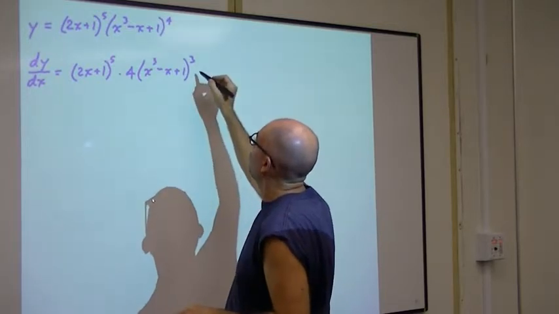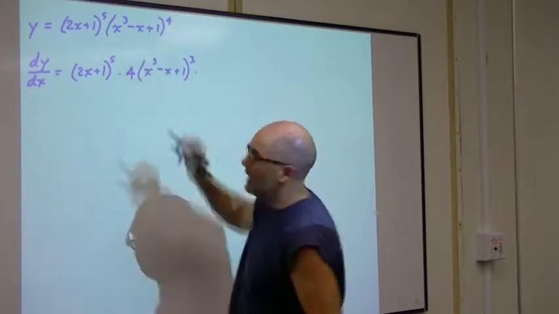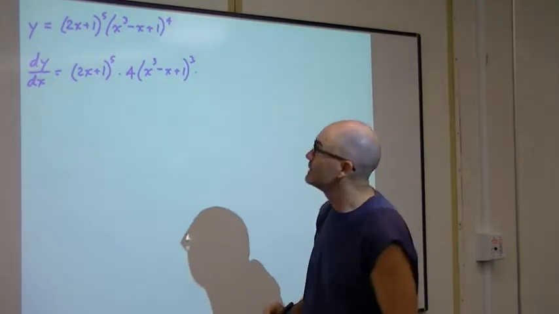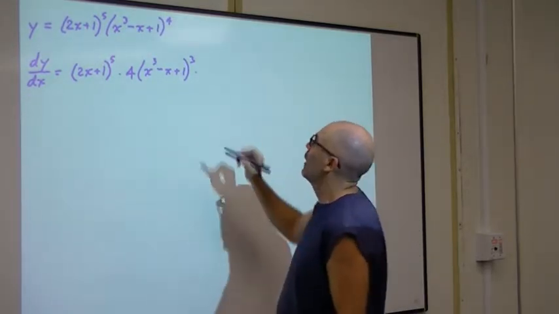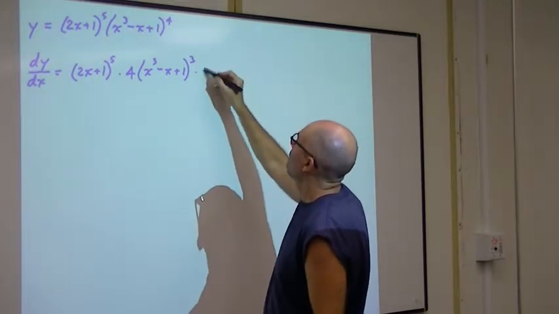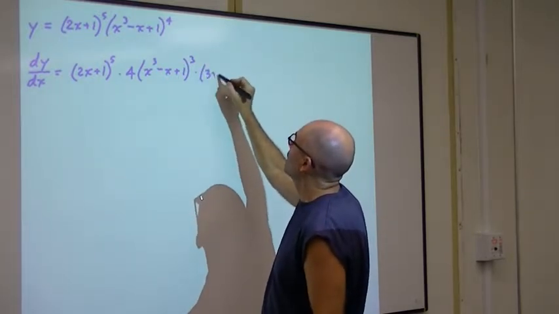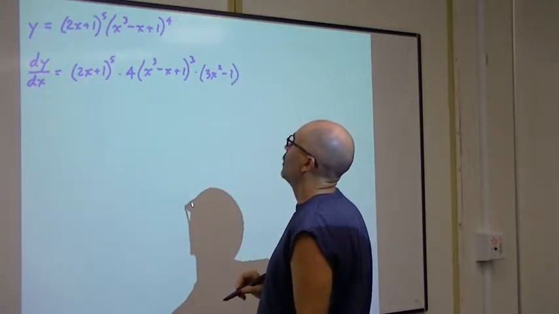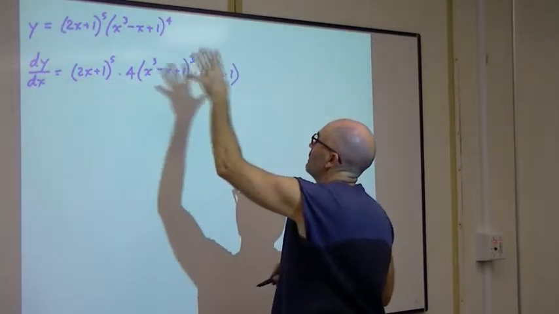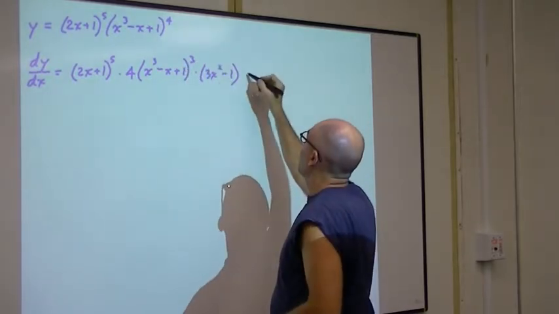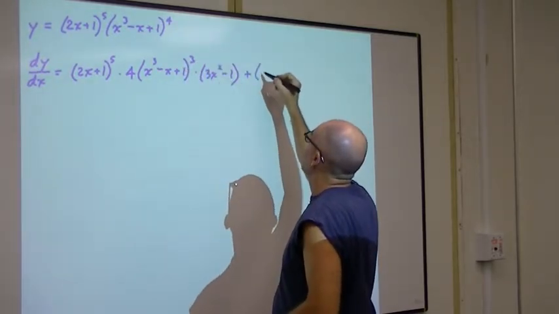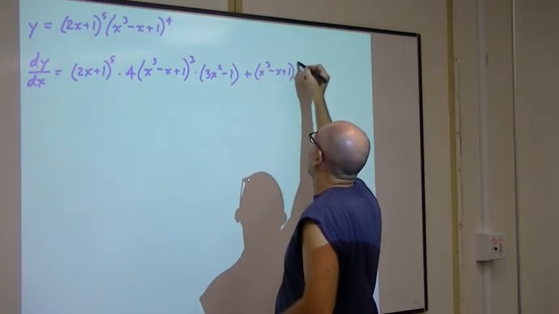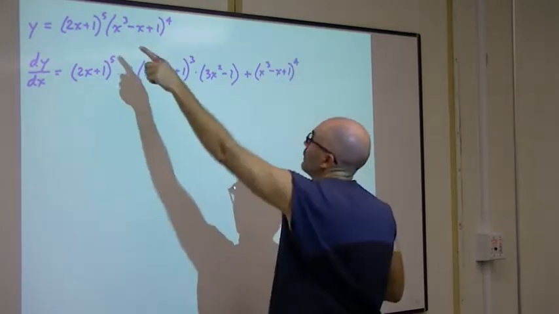Now I have to multiply by the derivative of the inside because we're using the chain rule. So we've got times 3x squared minus 1. Okay, so there's our first times derivative of the second, plus second times the derivative of the first.